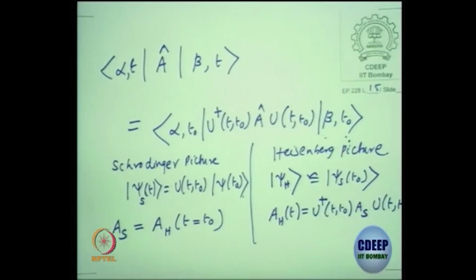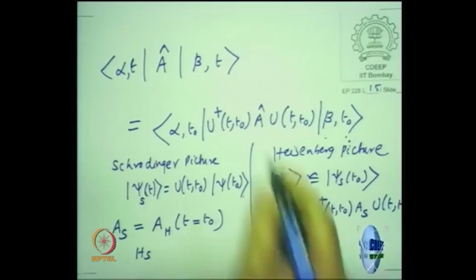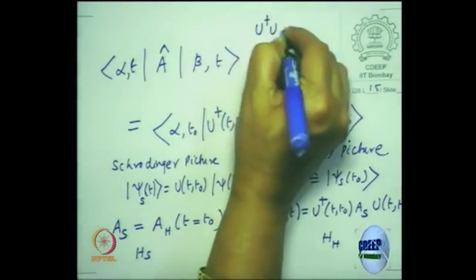What happens to the Hamiltonian? H_S here and H_H here, are they different or are they same? Why? This involves exponential of the Hamiltonian operator. They will commute. U dagger U is identity, right? U dagger U is identity.